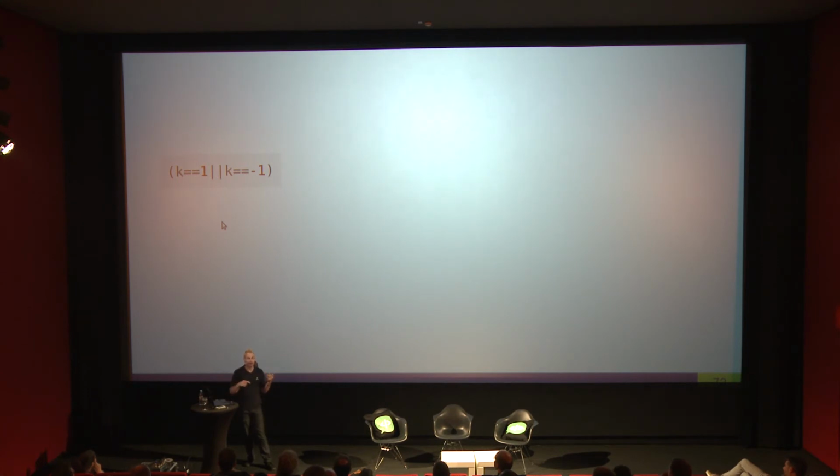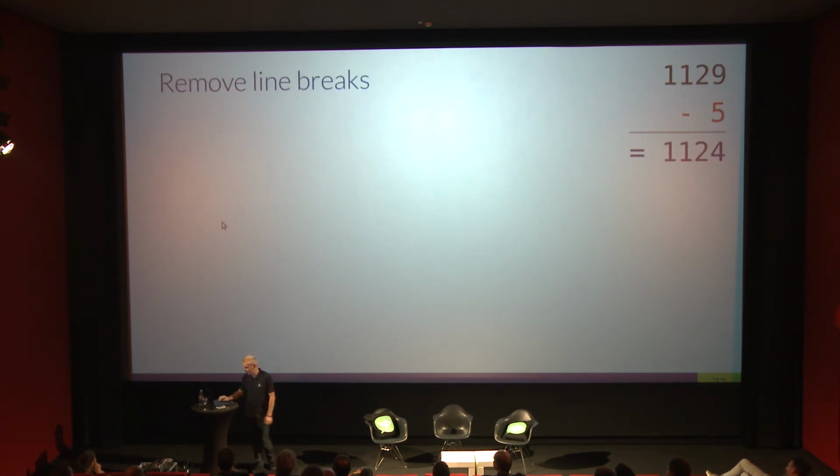If I use Math.abs of k, then it's 1 for 1 or -1, but this is 1 byte longer. But speaking of math, if I multiply k by itself, it's exactly 1 if k is 1 or -1. So instead of this, I can say k multiplied with k equals 1, and this saves, I think, 7 bytes.